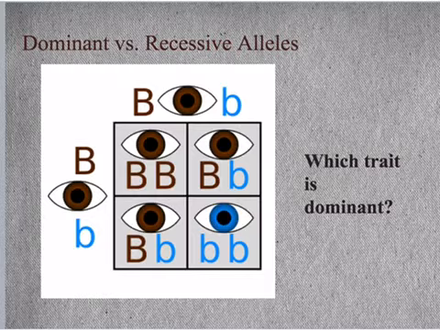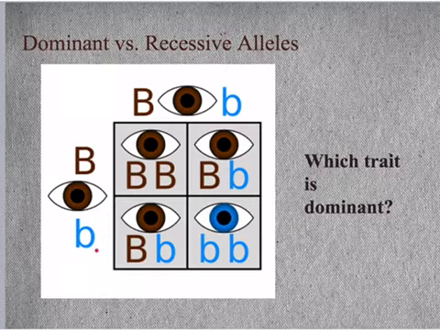And in this instance, we know that the parent has one capital B allele and one lowercase b allele that code for the gene of eye color. Right, so same thing with this parent here. And so we know that the trait is dominant because of this capital letter. Right, so the trait for eye color that dominates in this case is brown eyes.